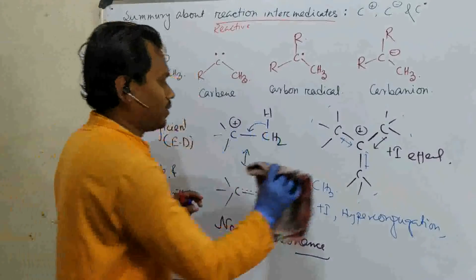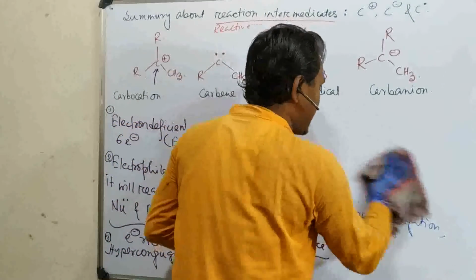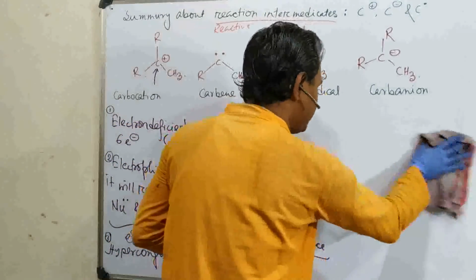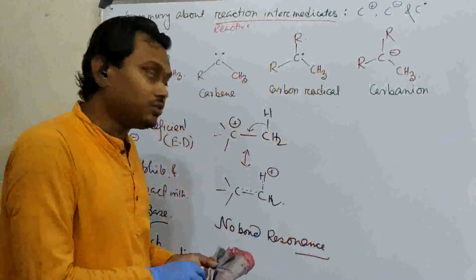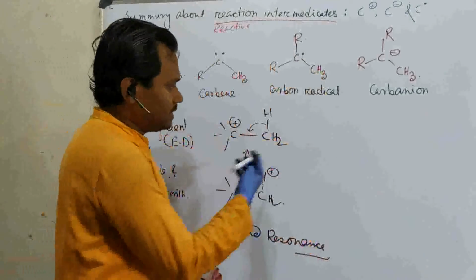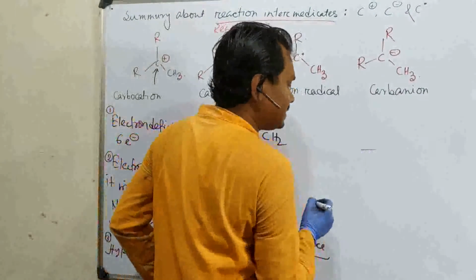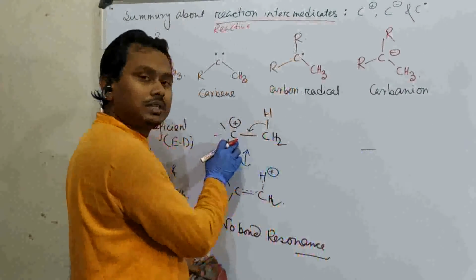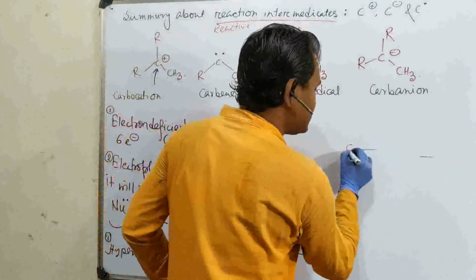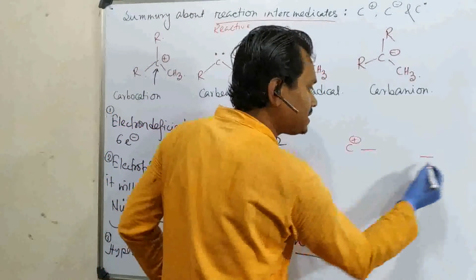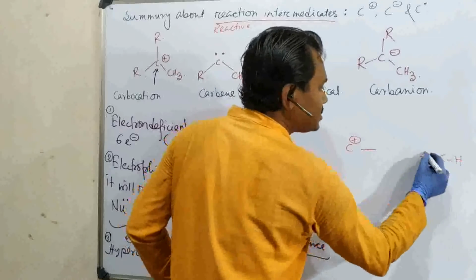Fine. Now, another point: if you want to explain this hyperconjugation based on molecular orbital theory, how could we explain? See, a carbon-carbon bond, this is plus, and this is a C-H bond, means this is a C plus vacant p orbital and this is the C-H pair.